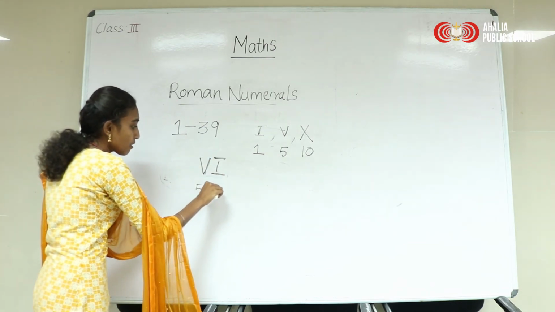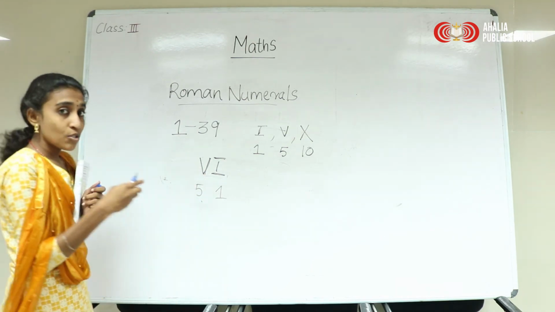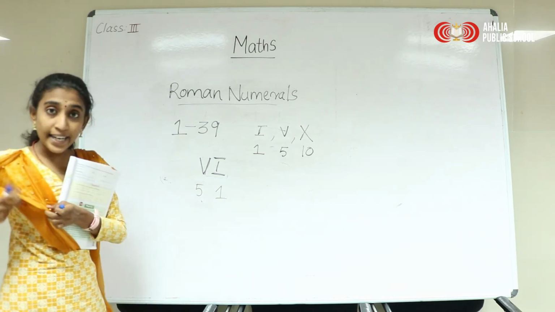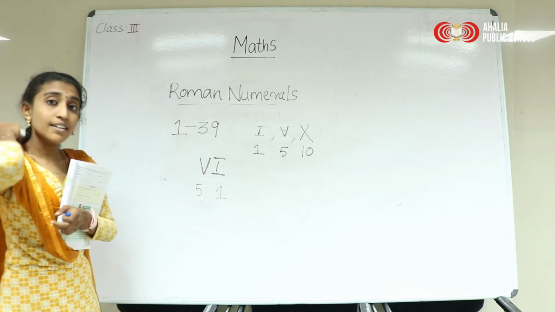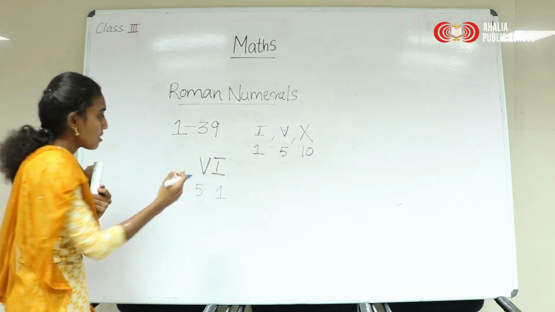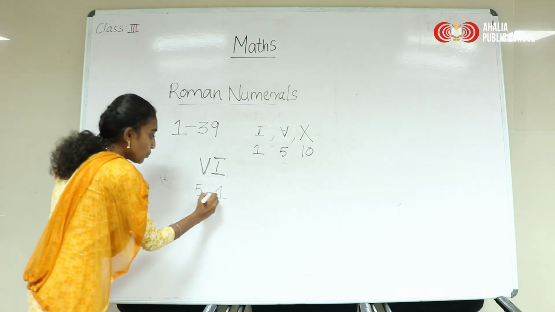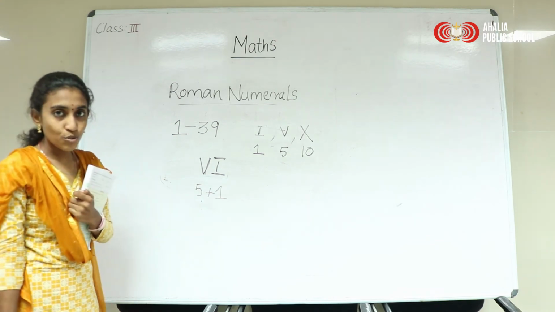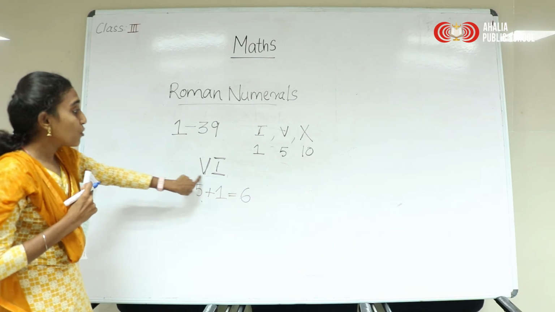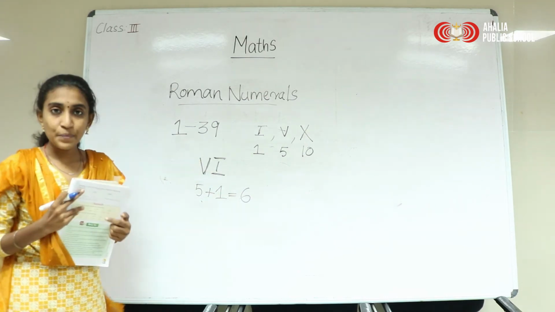The greatest number comes first, right? That is 5. 5 is greater than 1. So 5 comes first. So what will we do here? We will add these two numbers. That is 6. So this is the Roman numeral for 6.